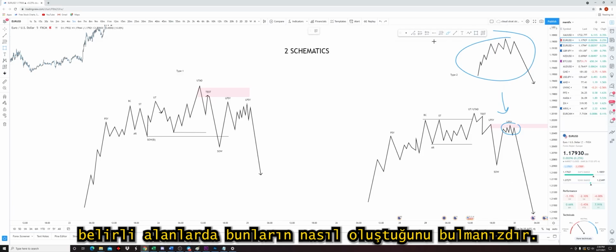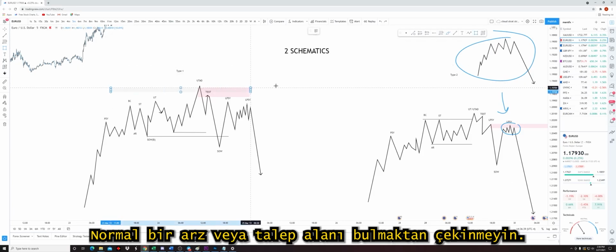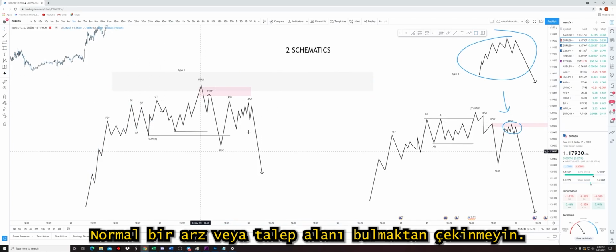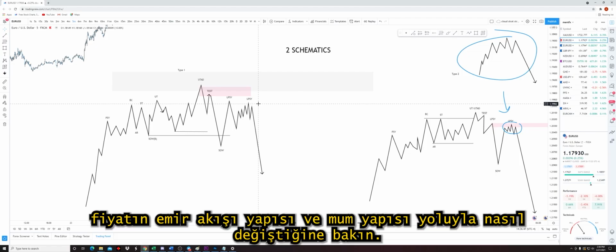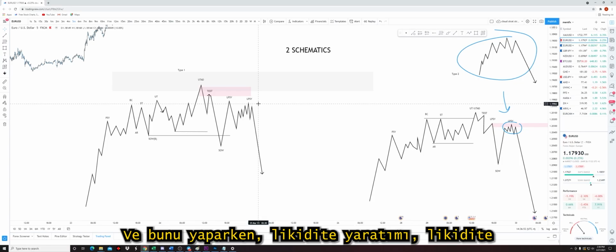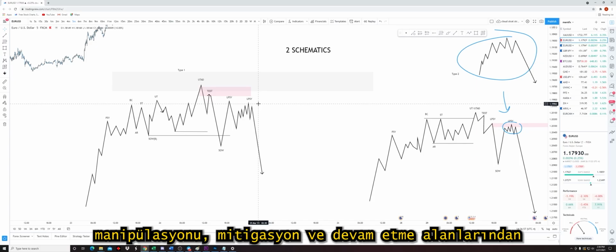Feel free to go find a normal area of supply or demand, draw that area out, and then look at how price approached it, how price shifted by way of order flow structure and candlestick structure. And as you do that, attempt to give the overall schematic an actual labeling to see how it underwent the areas of liquidity creation, liquidity manipulation, mitigation, and continuation.